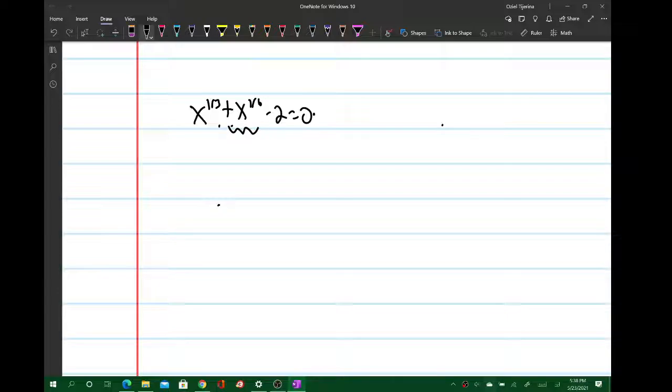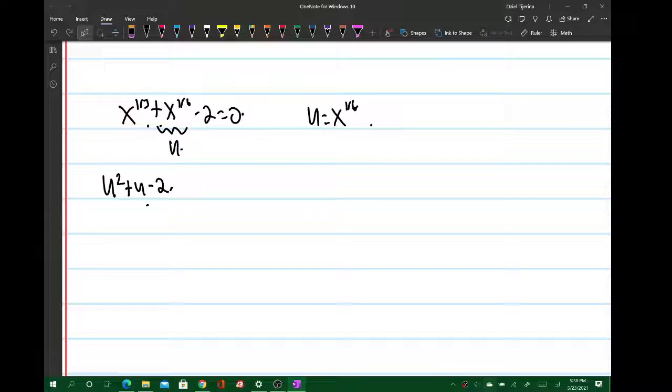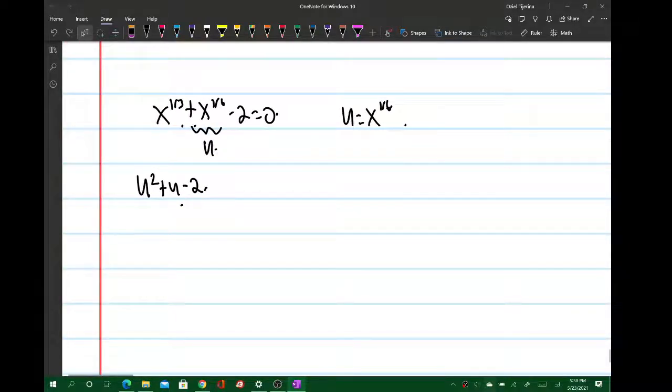So notice that this has to be in terms of u, right? So that means that u has to equal x to the 1/6. I know that because obviously we want it in terms of u squared plus u minus 2, right? Now, to make this in terms of u squared, we have to say that u quantity squared equals x to the 1/6 quantity squared.